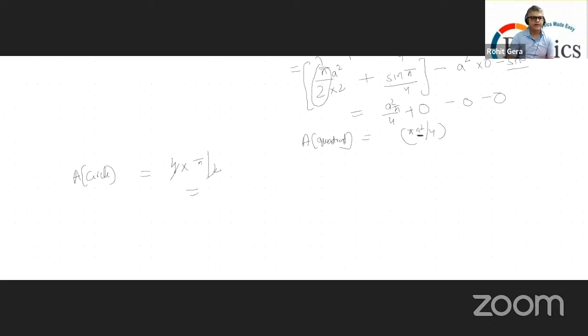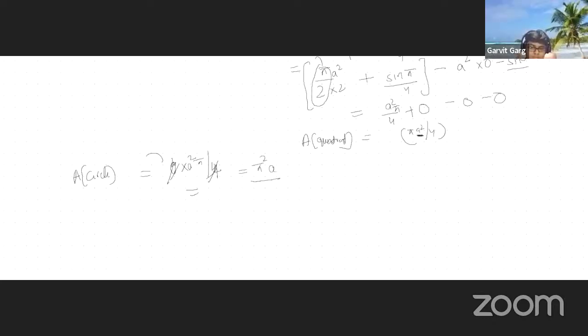This was pi into a square by 4. The 4 will cancel because this is 4 times, so this will become pi a square. Pi r square is the area of a circle.